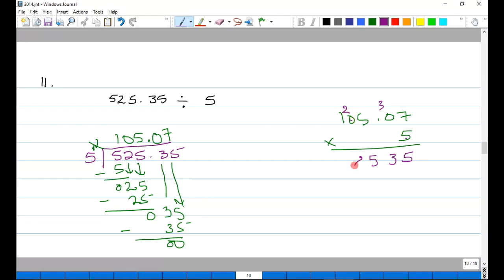Bring down 2. 5 ones, 5. We have 2 decimal places here, so we need to have 2 decimal places in our answer. And as we can see, both of them are the same. So I know that my answer of 105.07 is correct, because when tested, it gives me back the dividend.